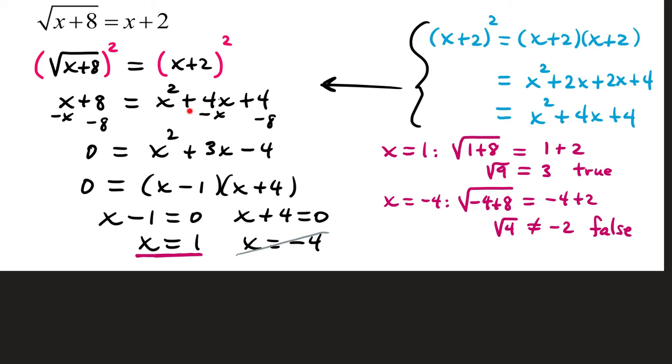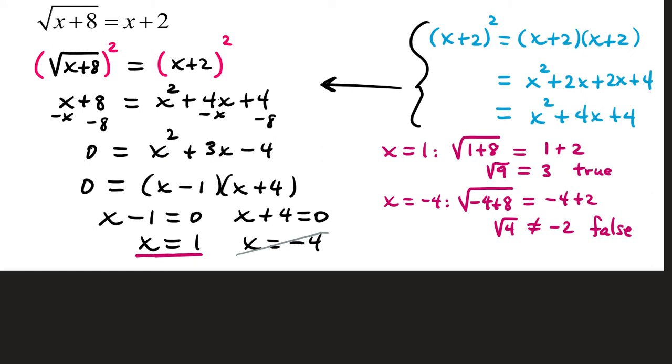Now, because we have a quadratic term, and this is a quadratic equation at this point of the problem, I'm going to bring all terms over to the x squared side. In order to do that, I'm going to subtract an x from both sides and subtract an 8 from both sides. That zeroes out the left side, leaving x squared plus 3x minus 4 equals 0.